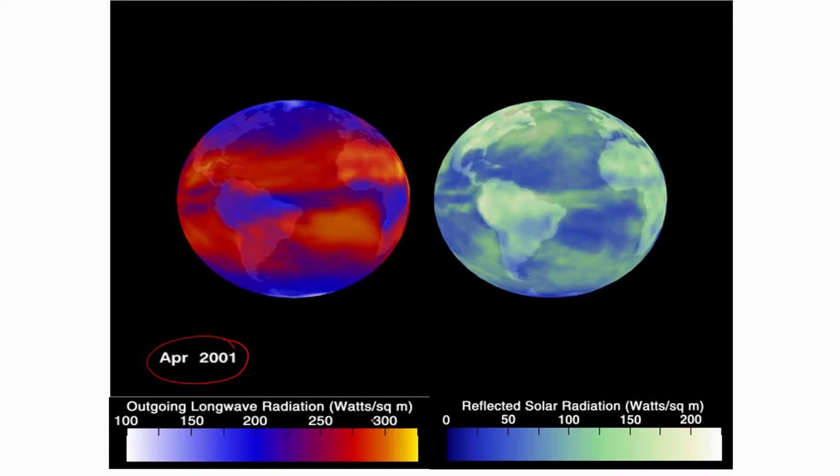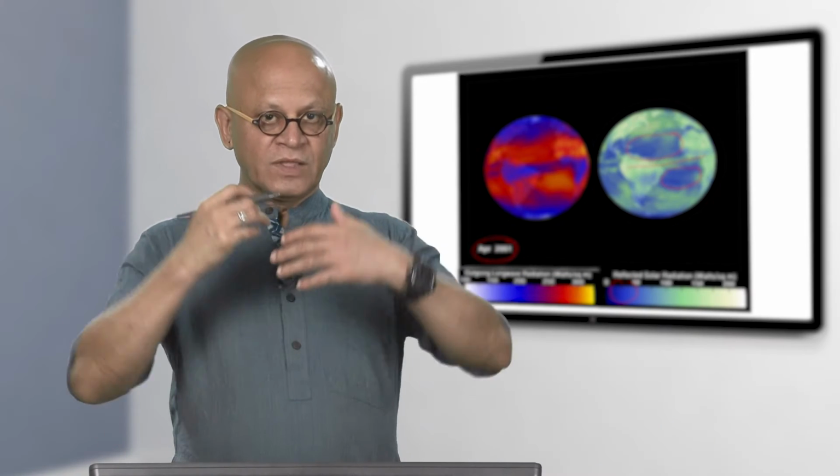So, you immediately see that where the Hadley cell goes down and there are high pressures and clear skies, the reflected radiation is low, and where the ITCZ is, where there is rainfall and lots of clouds, clouds grow tall and their tops will be very bright.